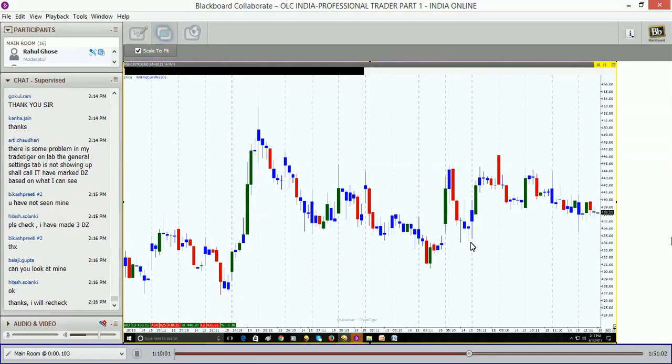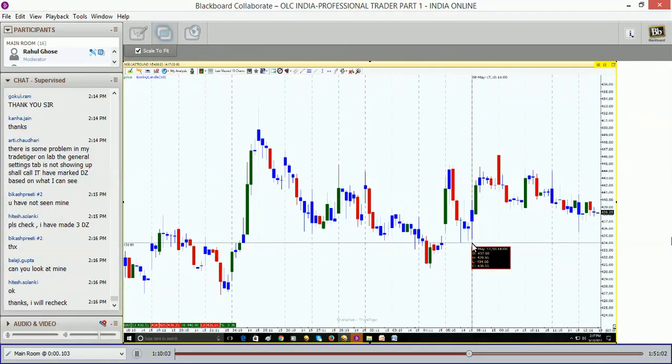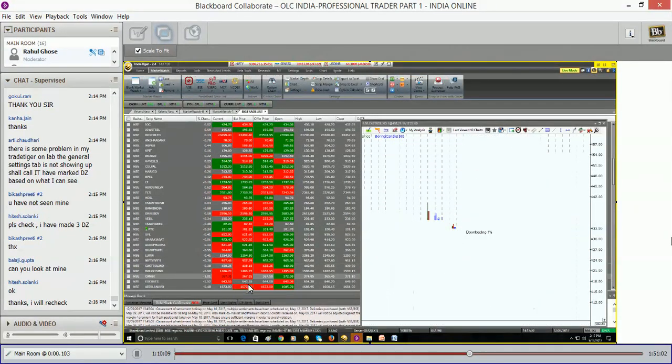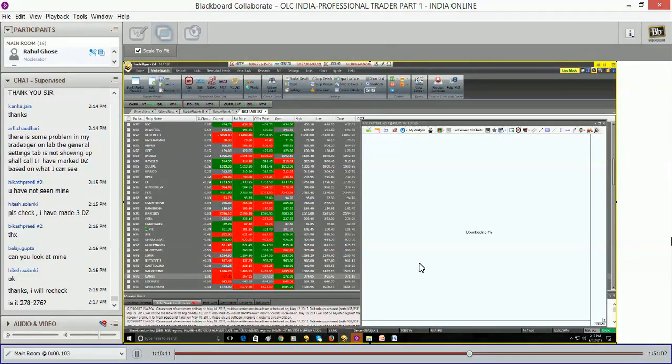Okay, in Castrol Industries, or no, give me a minute, guys. Let me give you a slightly more complicated one so it's easy to understand.